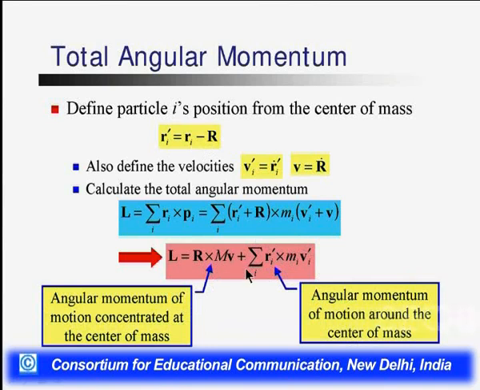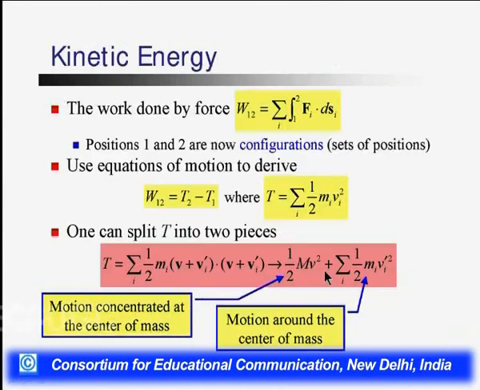Here we define two parts for the total angular momentum. One is the angular momentum of the motion concentrated at the center of mass, and the second is the angular momentum of the motion around the center of mass. One is concentrated at the center and one is around the center.